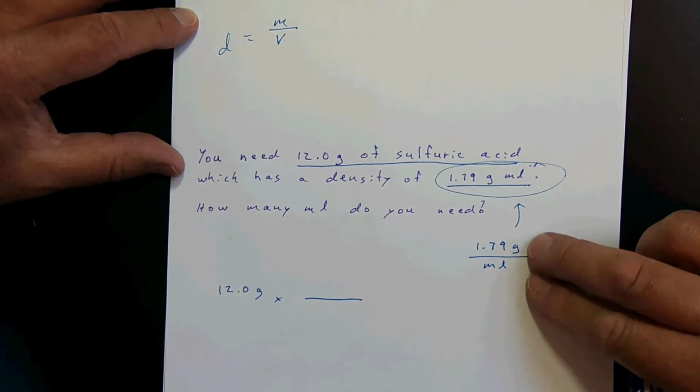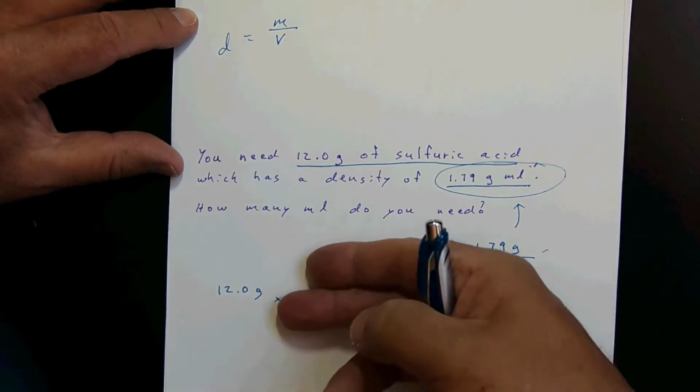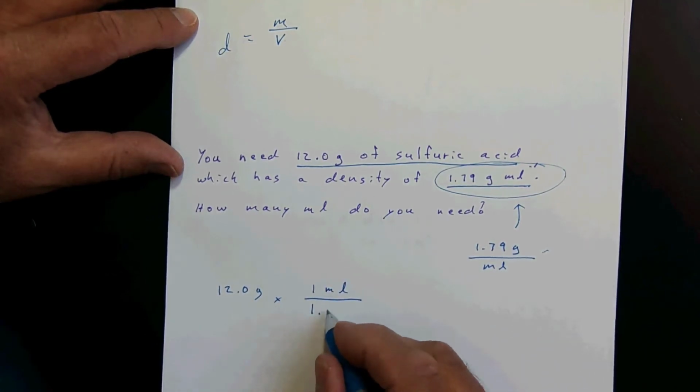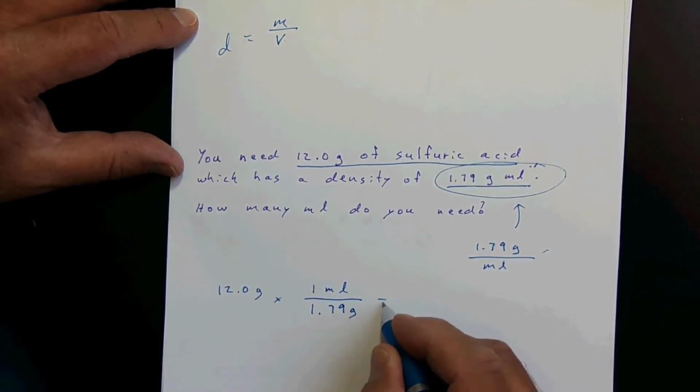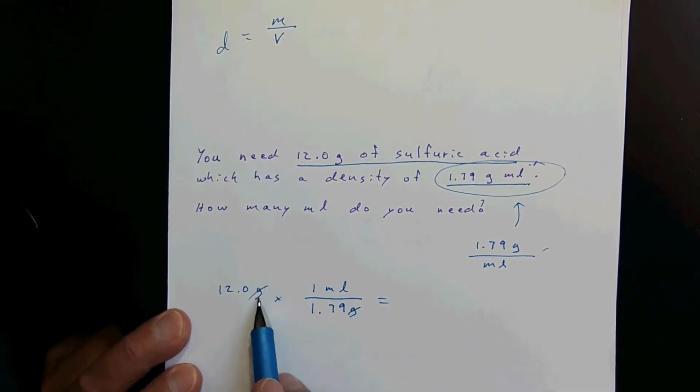So I would take this thing, and I wouldn't use it the way it's written. I'm going to take this and flip it upside down when I put it in here. So it's going to be 1 milliliter for every 1.79 grams. Do you see how the units of grams cancel?